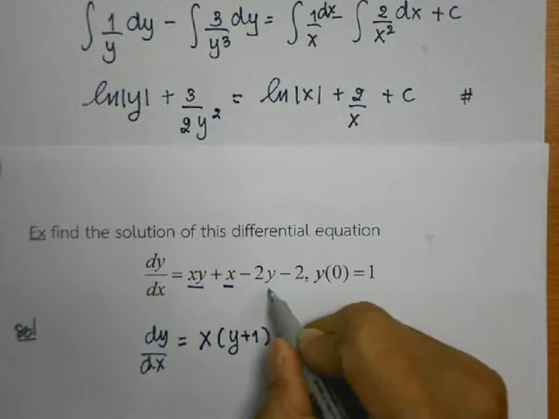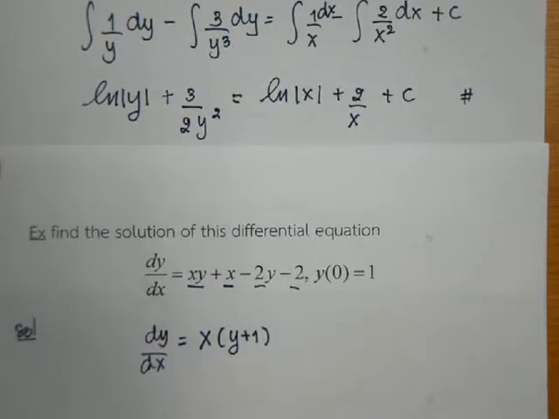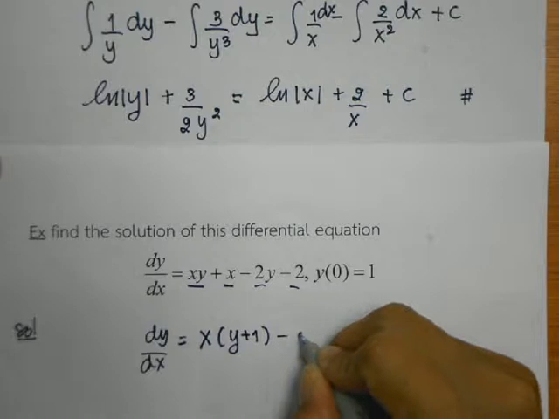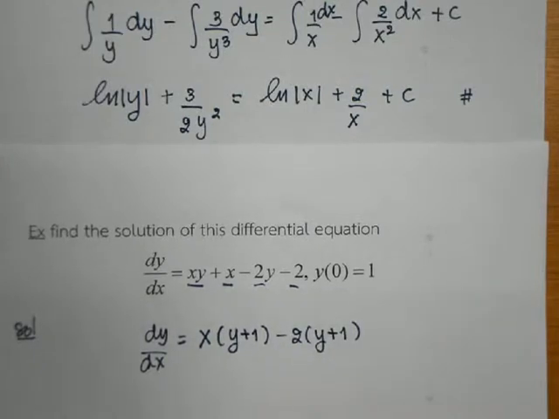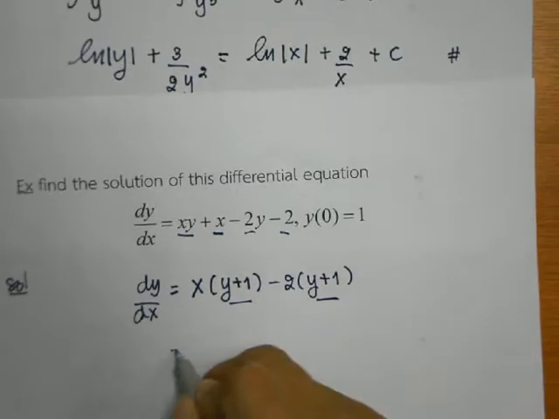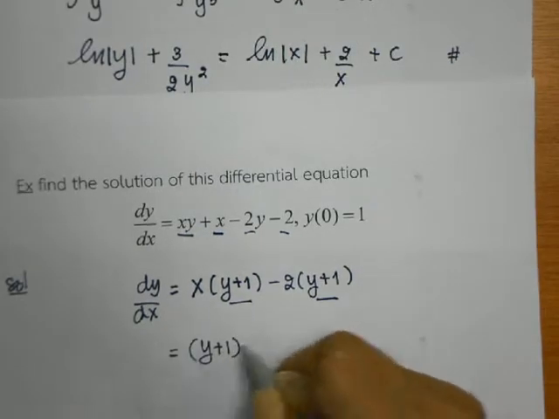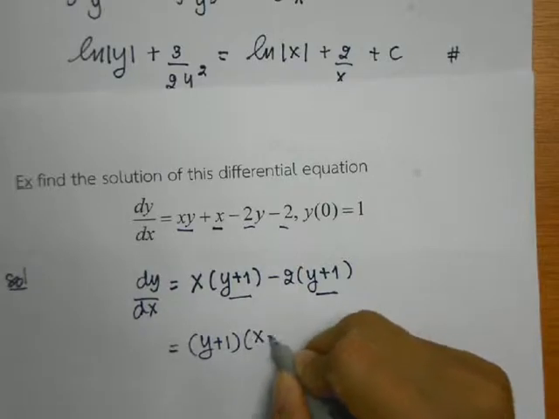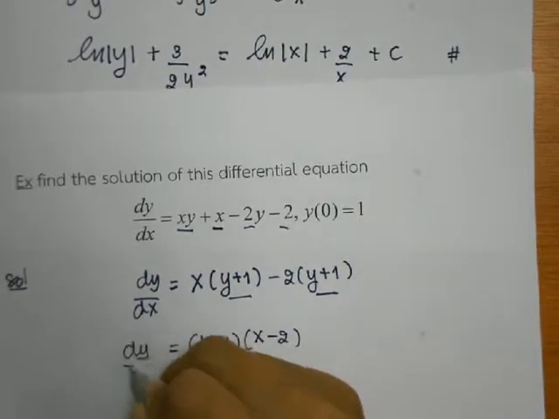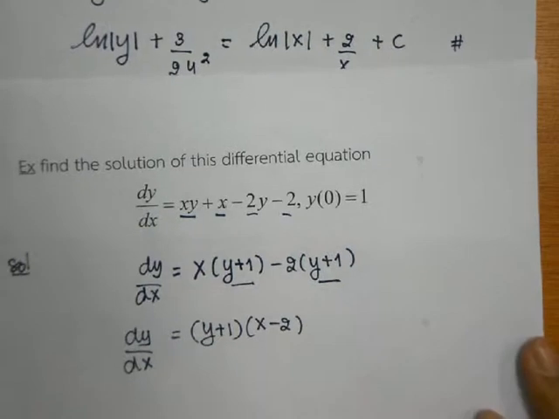And this one, you have negative 2. You take negative 2 out. What did you get? You got y plus 1, right? So y plus 1 and y plus 1 are the same for both terms. So you take it out again. What will be inside? x minus 2. Is this equation a separable equation? Now, yes, it is, right?